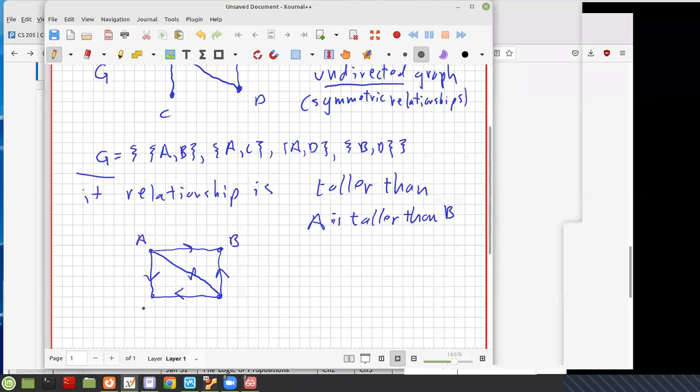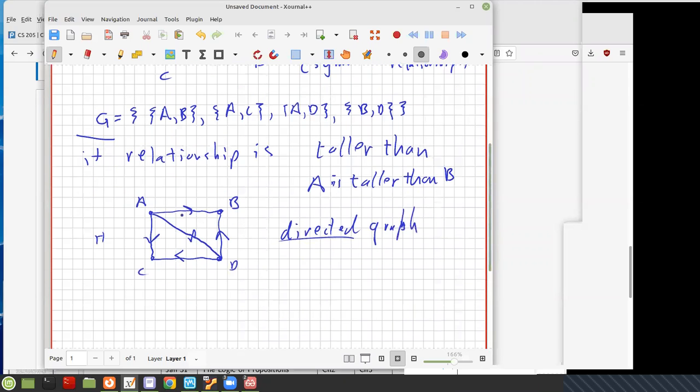So here's another graph, A, B, C, D. This is a directed graph. Directed meaning that because we put arrows, the order matters: A is related to B, but B is not related to A in the same way.